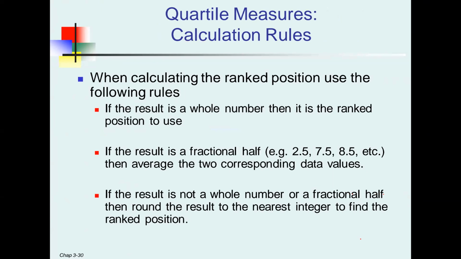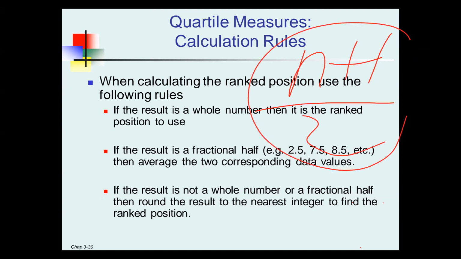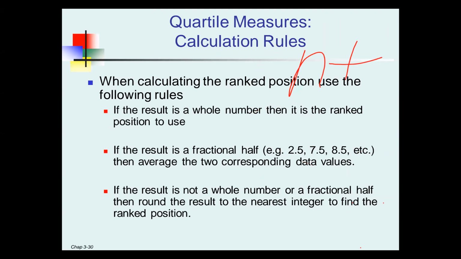So now, what are some of the rules that we use when calculating the quartiles? When calculating the ranked position, we use the following rules, and you pay attention to them. The first rule is, if the result for the position, when you calculate n+1 divided by 4, is a whole number, then it is the ranked position to use.